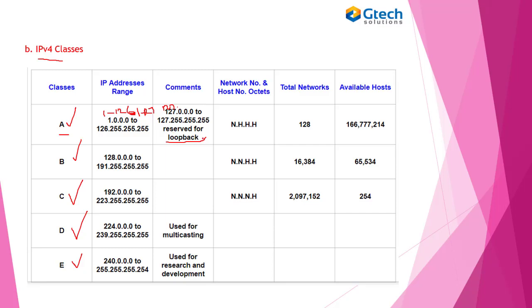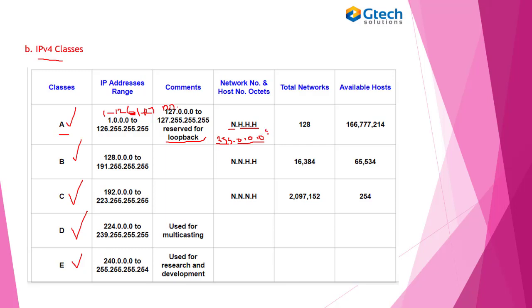address for self-communication. So under class A IP address, we have the number of network bits as 8, and the host part are 24 bits. That's giving us a subnet mask of 255.0.0.0. So these 3 parts are the host parts, but the first part is the network part.